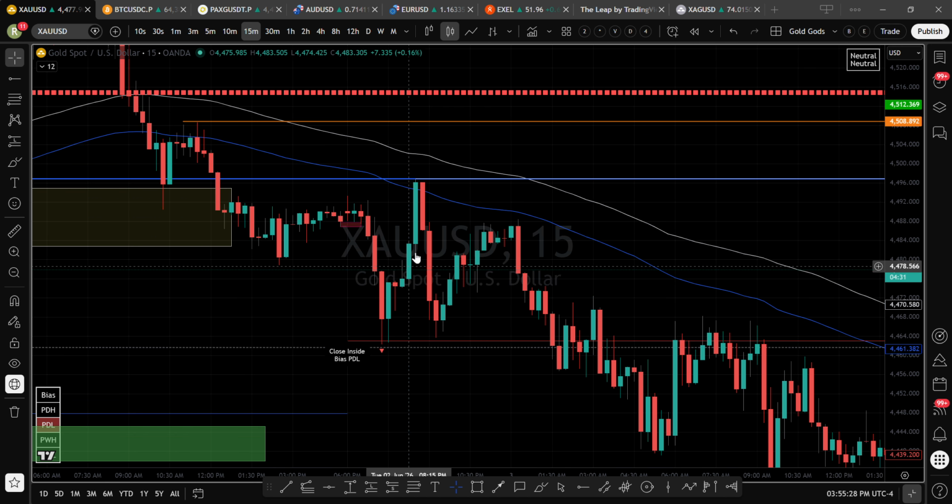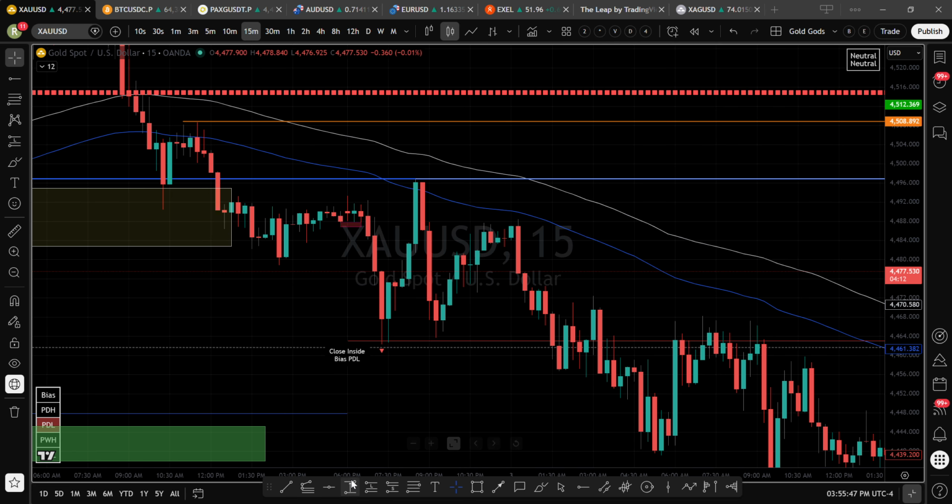Price comes back up. We know the market is still bearish. It's still going down because price is under these two. Wait till it comes up, hits the line, closes below it, and then we get in on the next candle.